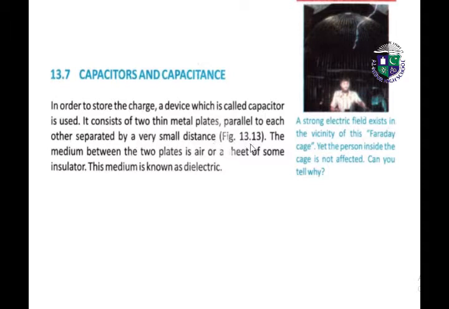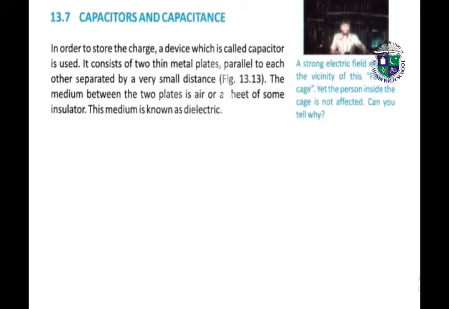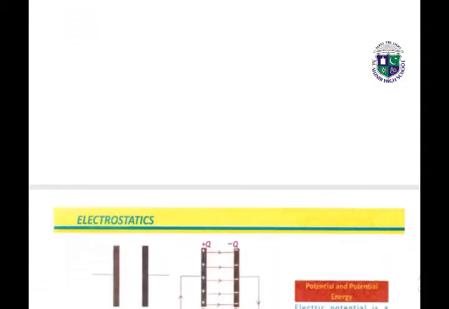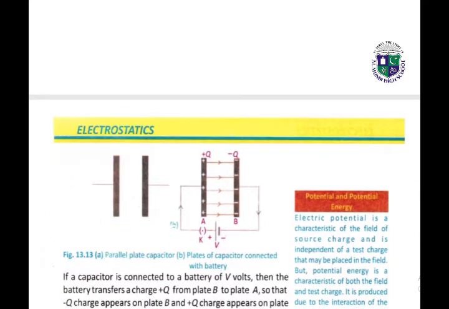As figure 13.13 shows below, the medium between the two plates is air or a sheet of some insulator. This medium is known as dielectric. So students, it is about the capacitors, their definition, and the device which we have designed to store the charges.